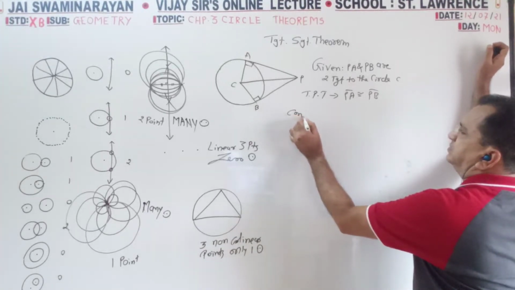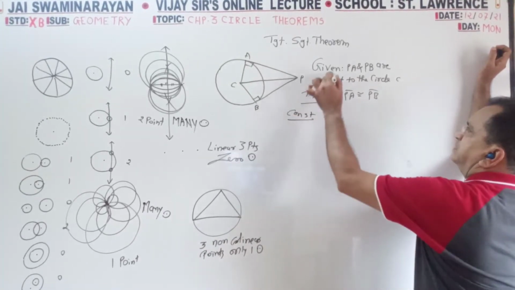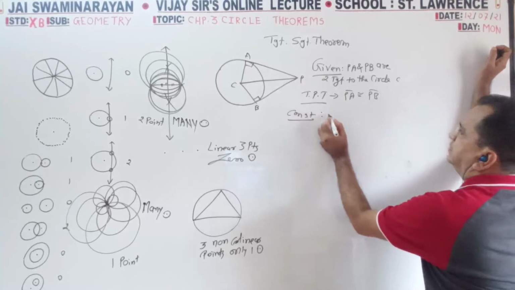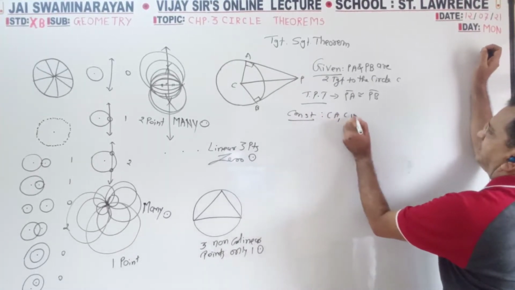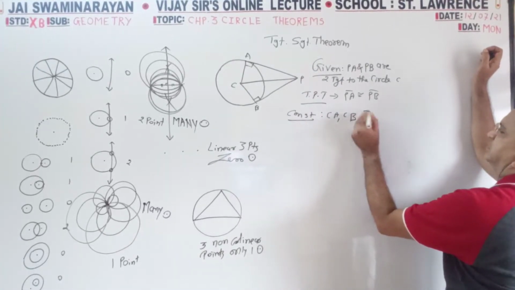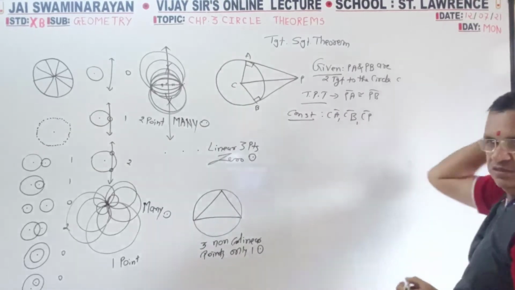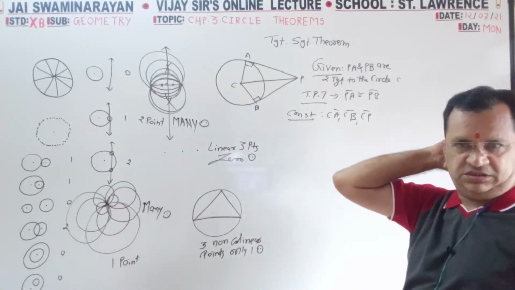Construction: CA, CB, CP, these three we have to draw.